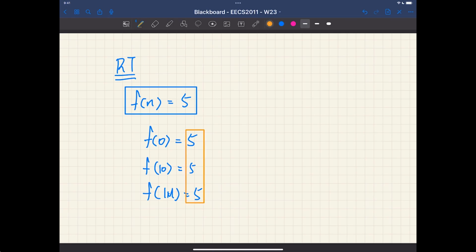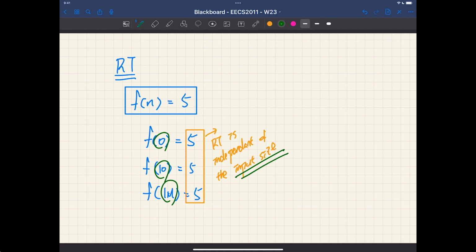So this is the only one where the running time is independent of the input size. If you look at the input sizes, in this case 0, 10, and 1 million, it doesn't really matter.